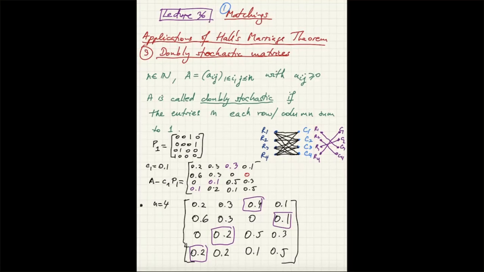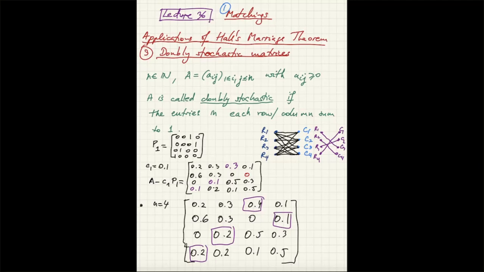Okay, now the matrix that we have is also a matrix which is real, non-negative. It's a square matrix and has constant row sum and constant column sum. So the same sum for each column and each row, and that sum equals 0.9 in this situation.